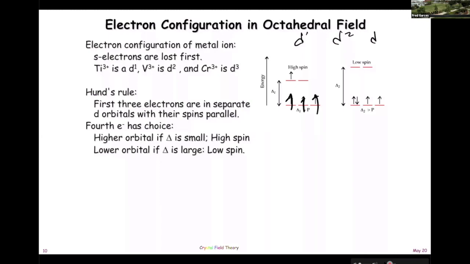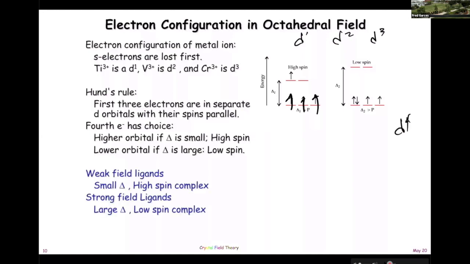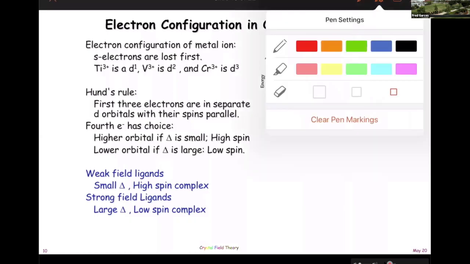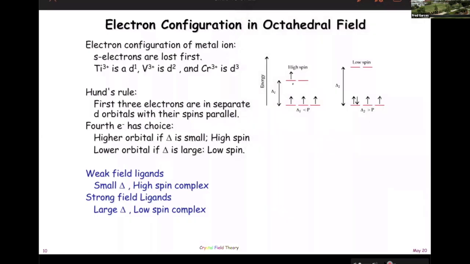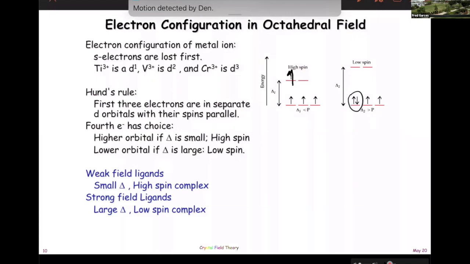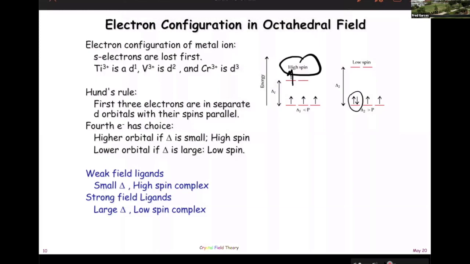On the other hand, d4, that's where you have to decide. In a d4 configuration, let me just show you this real quick. You can put the electron on the high part of the d orbital, or you can pair it up. This would be called high spin because the electrons are going to the higher orbitals. This would be called low spin because the electrons are going to the lower orbital.